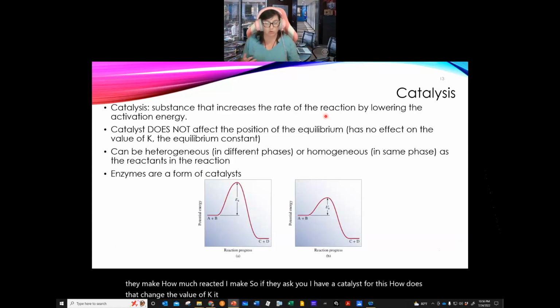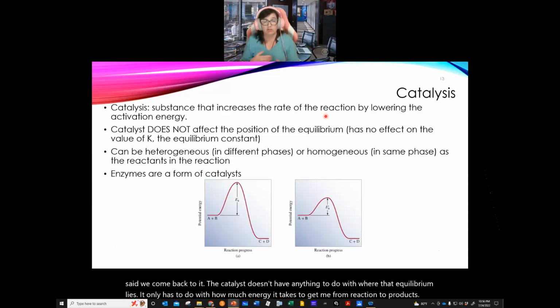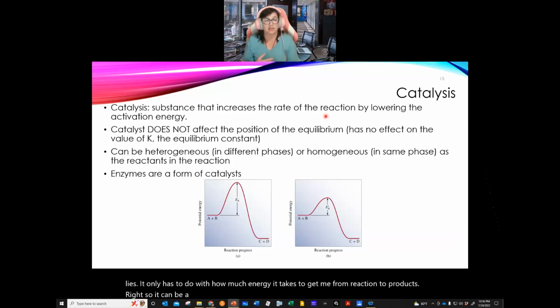All right, we talked about that before. I said we'd come back to it. The catalyst doesn't have anything to do with where that equilibrium lies. It only has to do with how much energy it takes to get me from reactant to product. All right. So it can be a heterogeneous catalyst, meaning that's in a different phase than the reactants, or homogeneous, in the same phase, right?